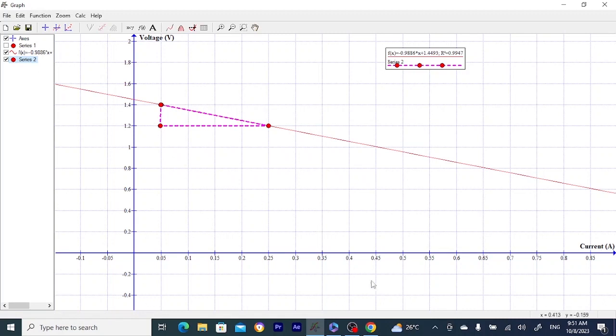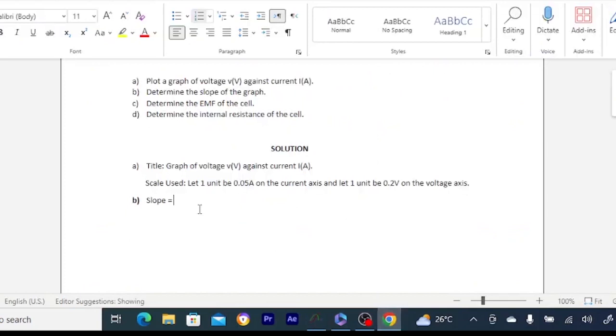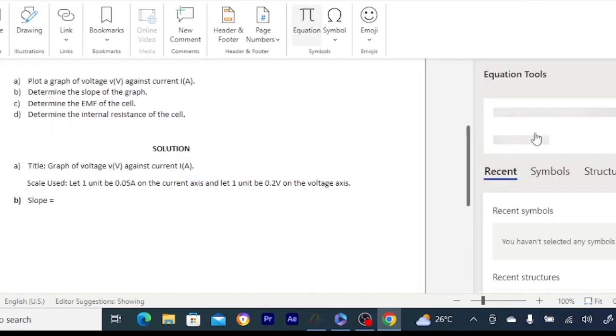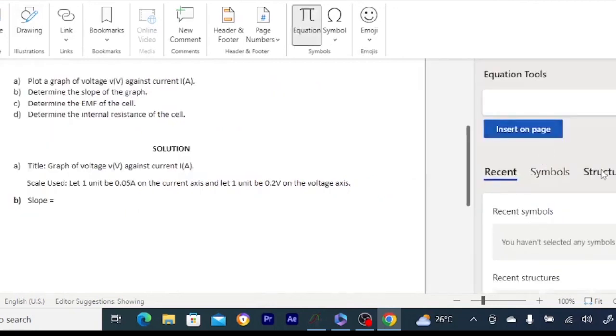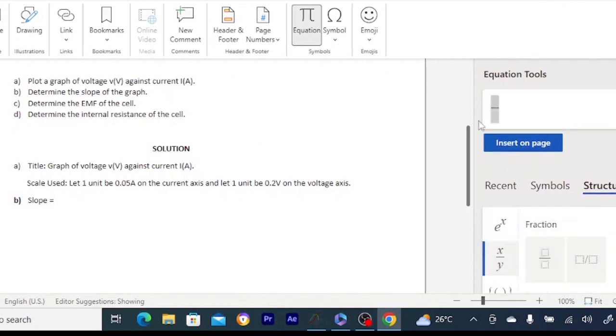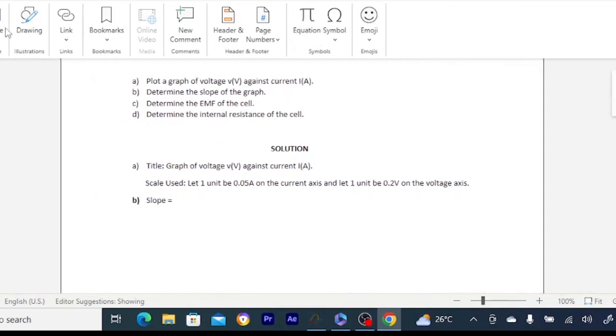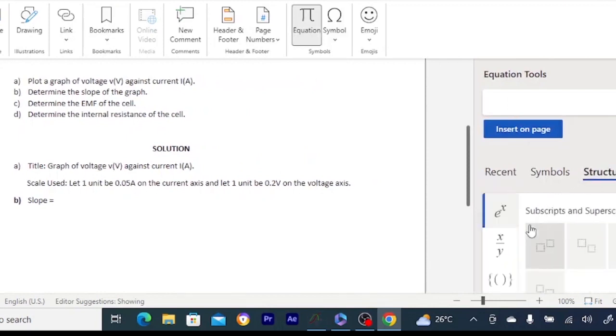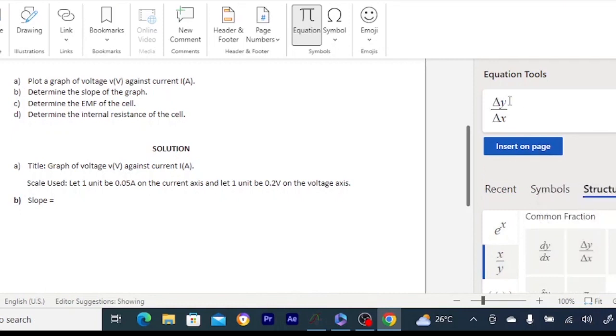Let's get the slope here. I'm going to insert an equation. So slope, as we know, is equal to change in y over change in x.